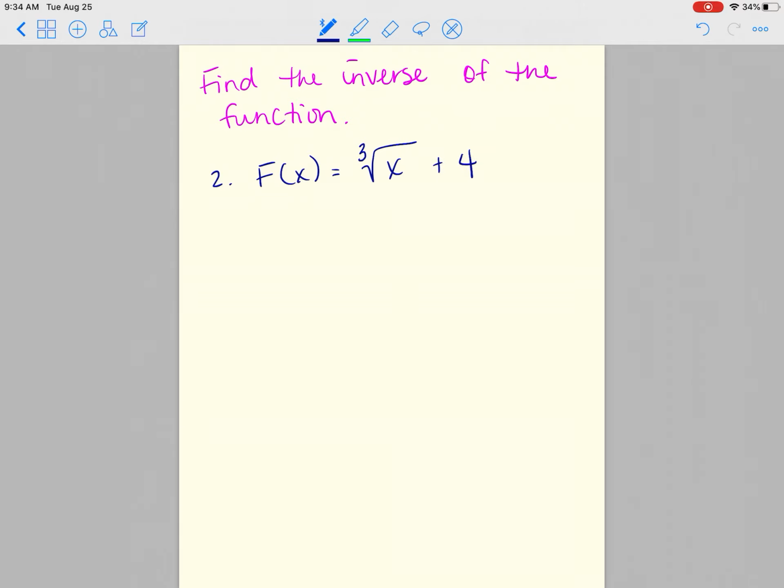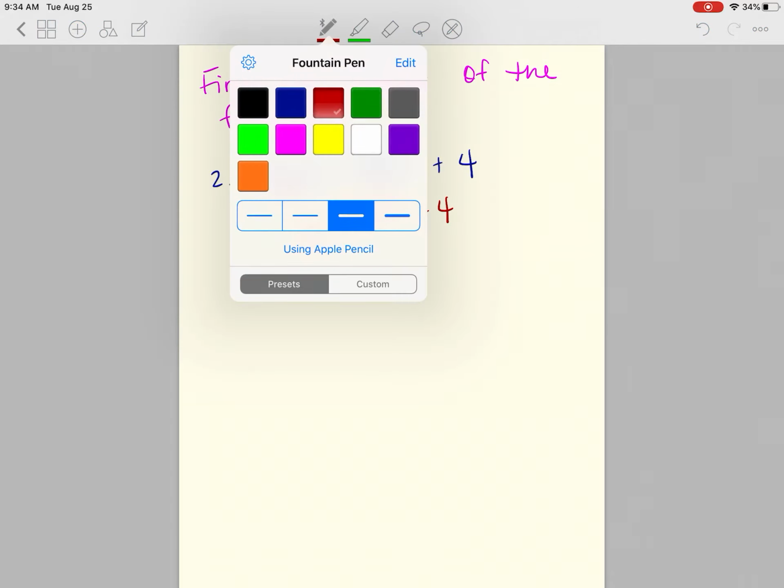Okay. So first thing I have to do is make sure I have a y in my equation. Well, I really don't. I have f of x, but we know that f of x and y are the same thing. So I'm going to rewrite this as y equals the cube root of x plus 4. First step.